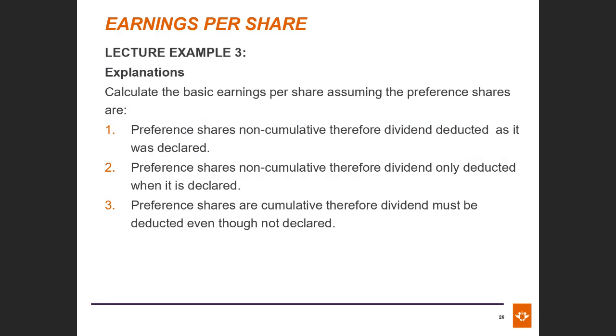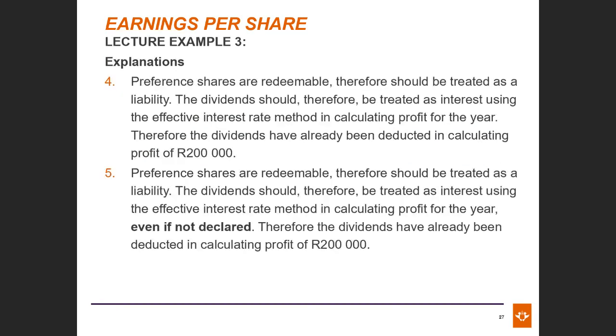And then in example 3, we had the preference shares that were cumulative. Therefore, the dividend must be deducted even though it is not declared. So because the preference shares are cumulative there, the dividend must be deducted even though it was not declared. Okay. And then in the fourth and fifth examples, the preference shares were redeemable.